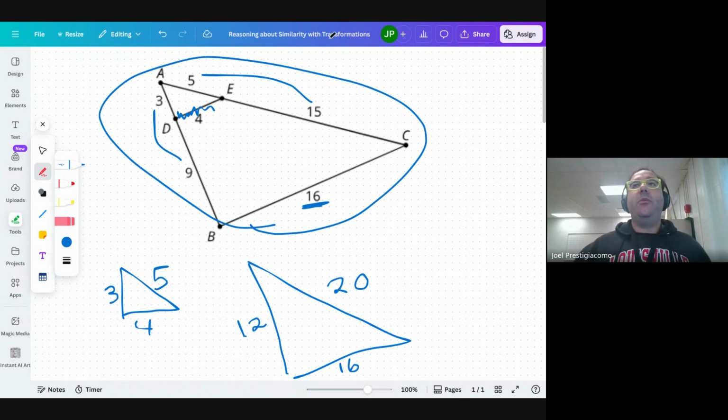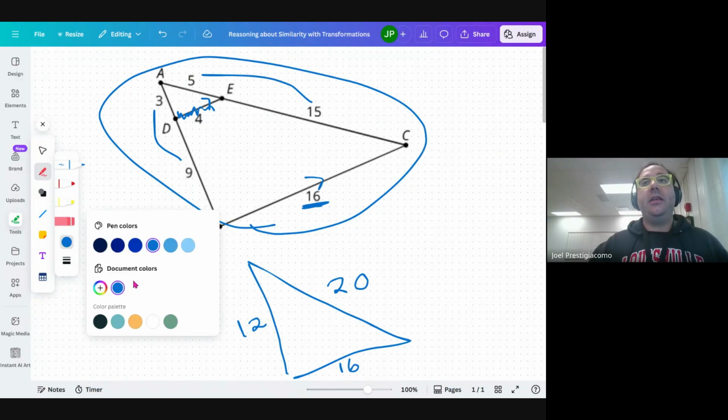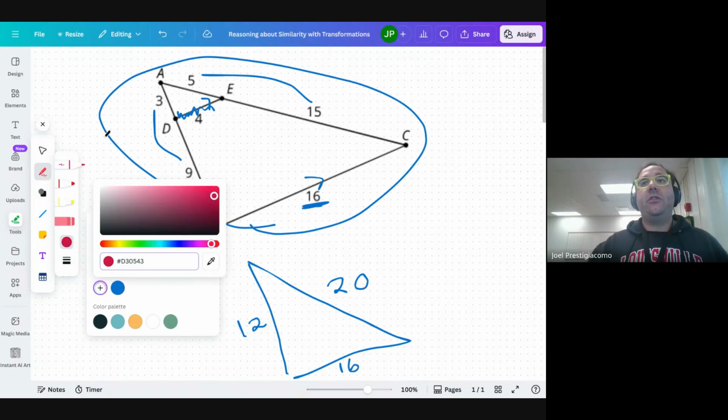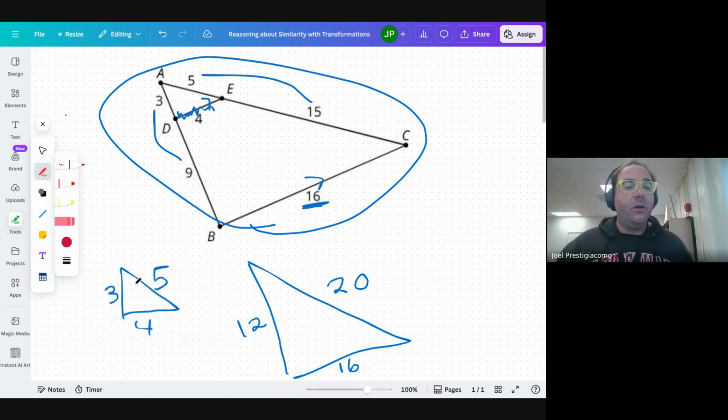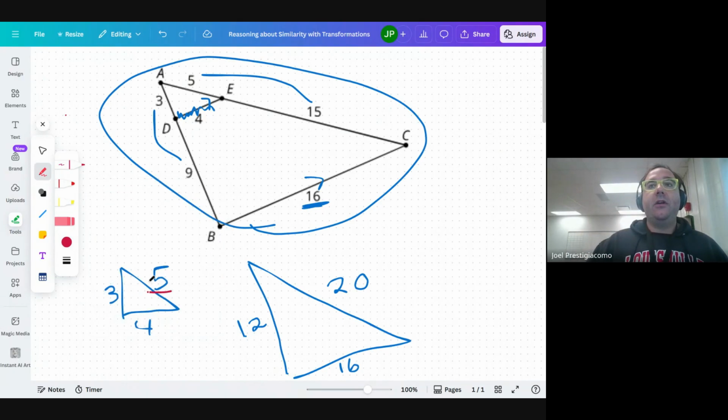We know that if those two lines are parallel, we're going to have the same angles. But if we see a constant relationship between the sides in these two separate triangles, we're going to have that similarity. So if we look at 5 to 20, we would get that by multiplying by 4.